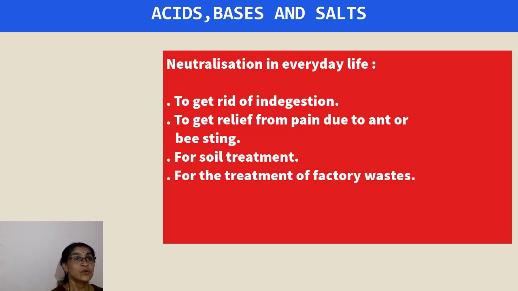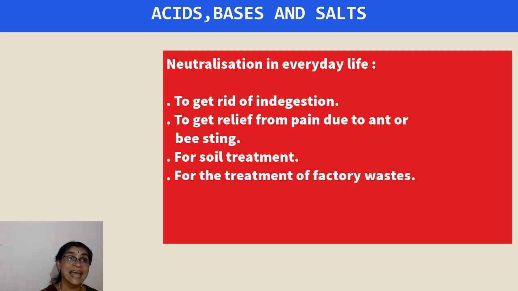Another use is soil treatment. As we know, different types of soil have different qualities. Some soils are acidic, some soils are basic in nature. If the soil is too acidic or too basic, plants cannot grow. For the proper growth of plants, we have to neutralize the soil.